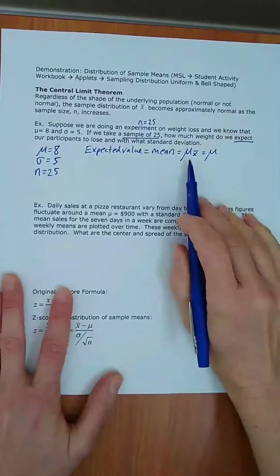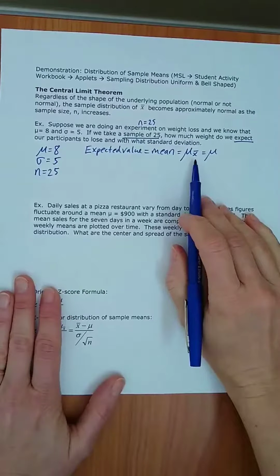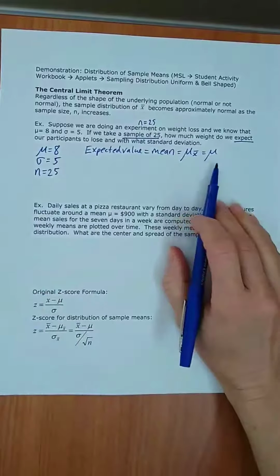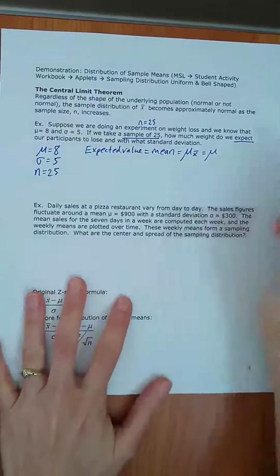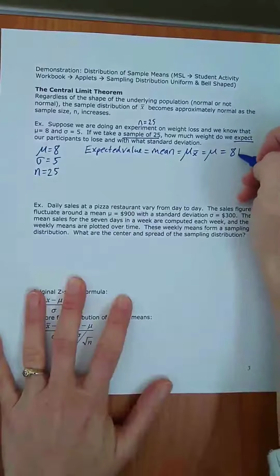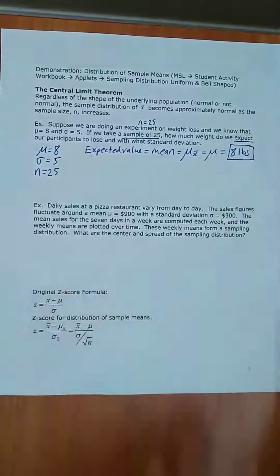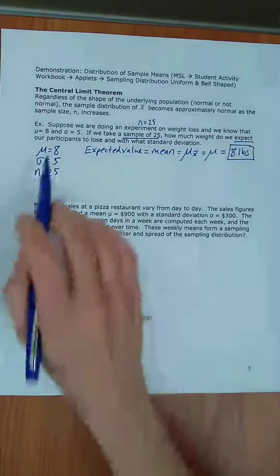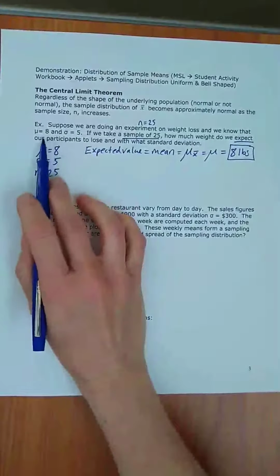And we just showed that the mean of our sample means is equal to the mean of the whole population. So we would still expect for this group of 25 that on average they would lose 8 pounds. That's what we expect for this group of 25 based on what we know for the whole population of this study.